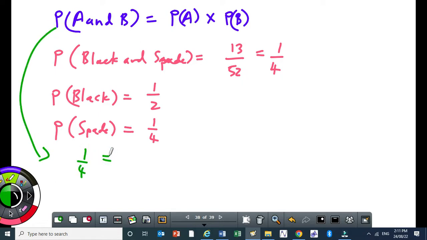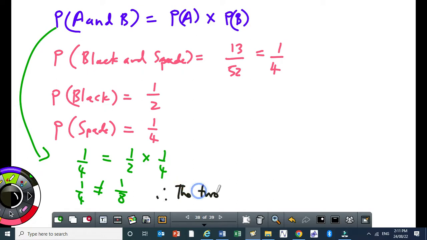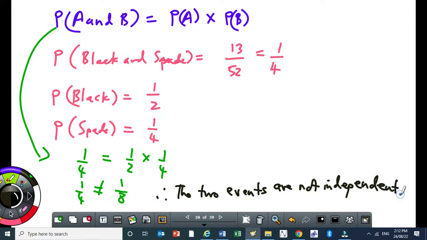This should be equal to a half times 1/4. Now, unfortunately, these two are not equal. So we can conclude here and say, therefore, the two events are not independent. Okay. Right. We have got 18 minutes.